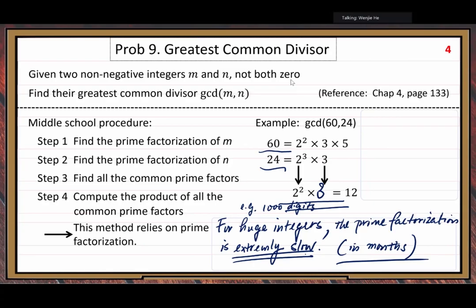Make it useful. This prime factorization is extremely slow. Now, we do not want to treat it as a negative thing. We treat it as a property. Prime factorization is very slow. This is a property. Can we use this property for something good for the society, not bad for the society?